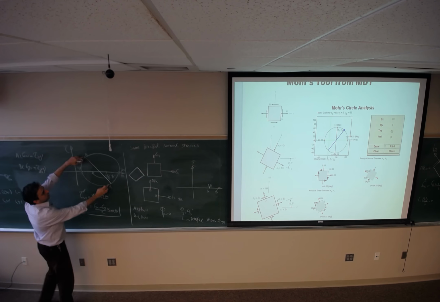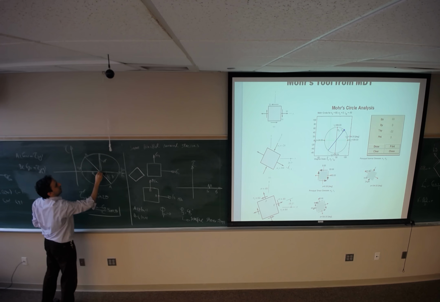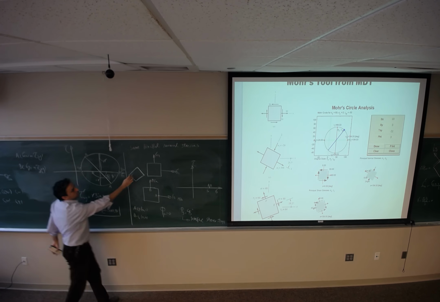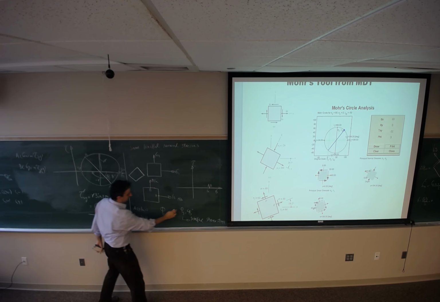You remember, if I have a full Mohr circle, the extreme value shear stress is going to be here, which is positive R, and the other extreme is going to be negative R. So the extreme shear stress is positive R, and R is 0.